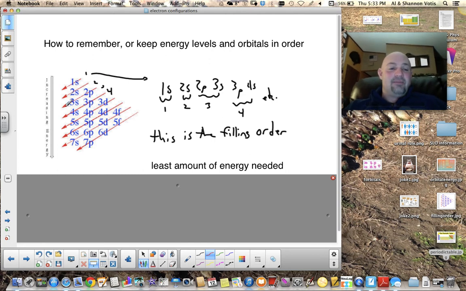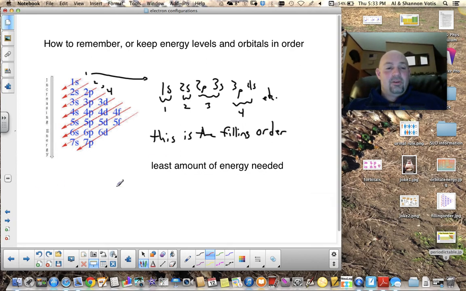We just keep following these arrows, and those arrows are putting us directly into the exact order of energies for every orbital. So 1s, 2s, 2p, 3s, 3p, 4s, 3d, 4p, 5s, 4d, 5p, 6s, 4f, 5d, 6p, 7s, and so forth. And the reason that they're going in this order is this is the least amount of energy required to put electrons in.